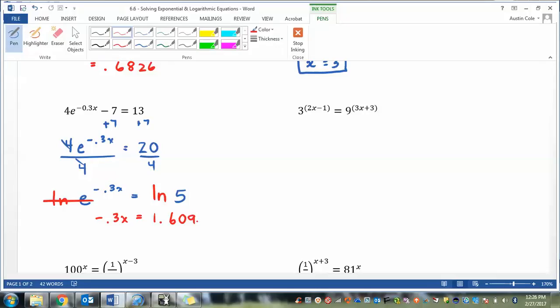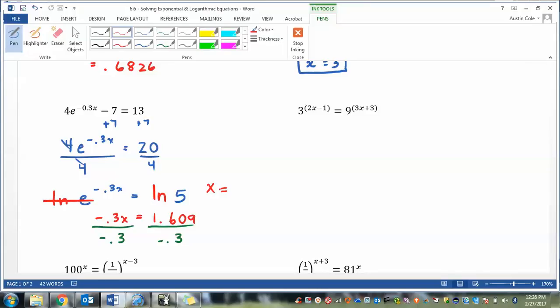And then I need to solve for x here. How do I get rid of the negative 0.3? Yep, we're going to divide by negative 0.3 on both sides. So 1.609. If you want to be as accurate as possible, don't use the rounded version of this answer.